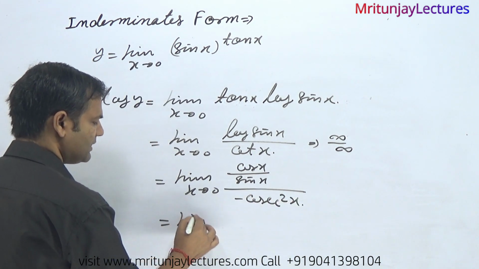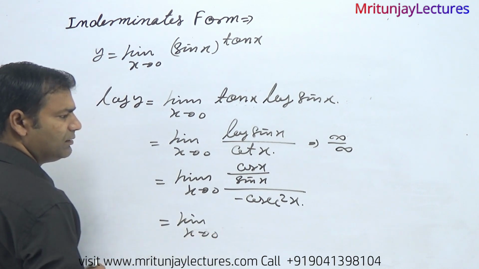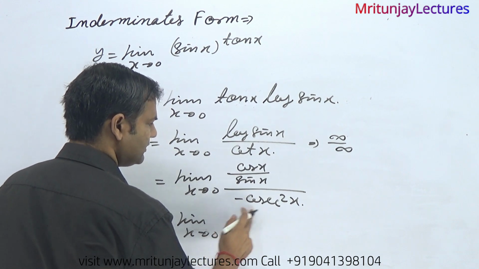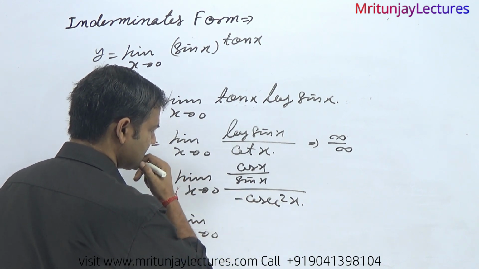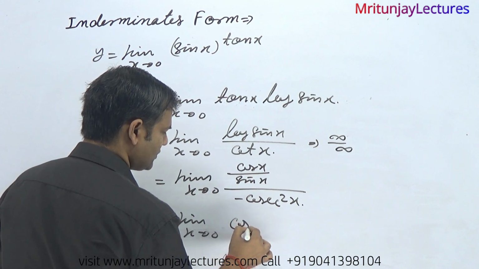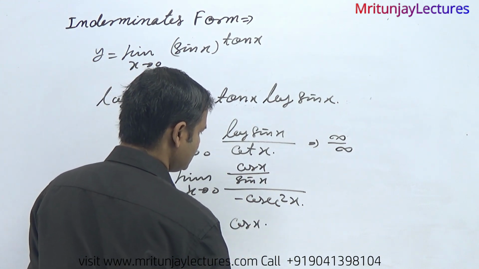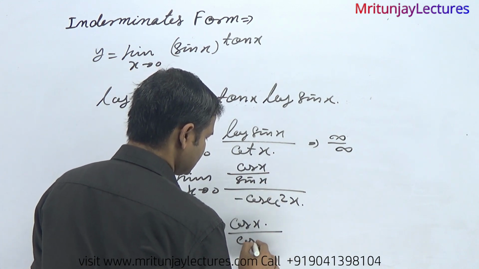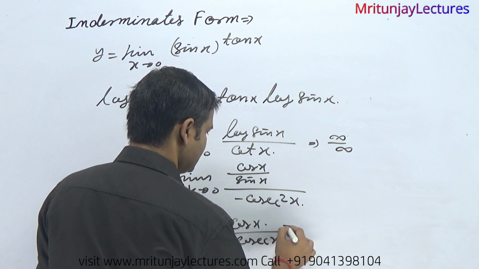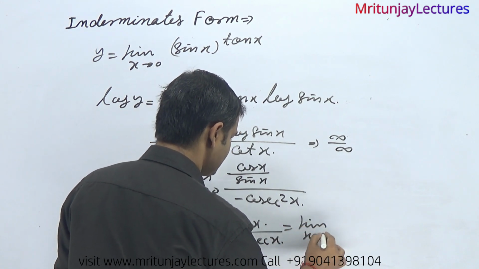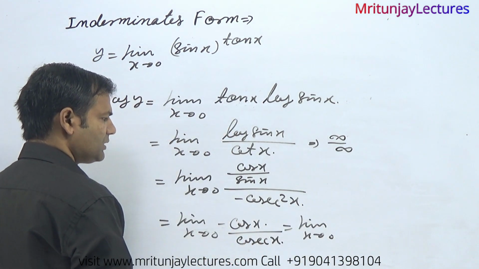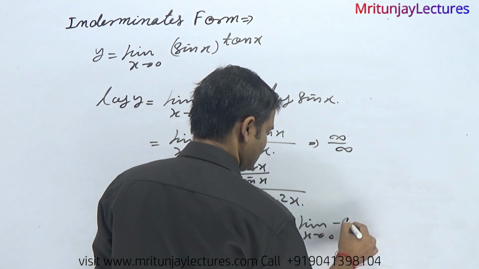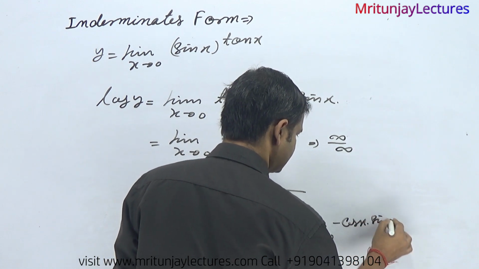So we get limit x tends to 0 of minus cos x into sin x.